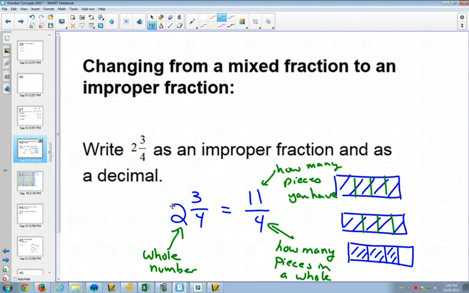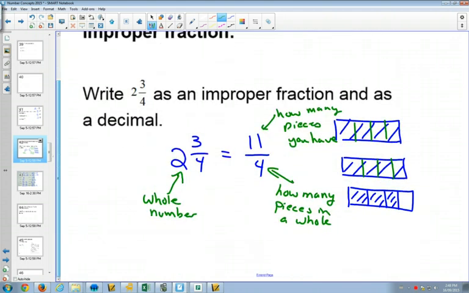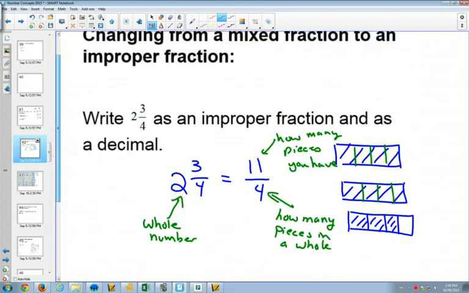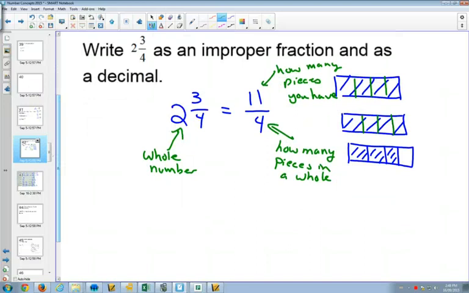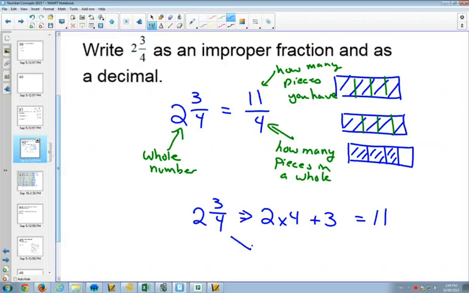Now the steps that we did to write it out again, so when you want to look back at this to figure out how do I go from 2 3/4 to get to 11/4, I take 2 times 4 and add 3 to that to get 11, and then that tells me that I'm going to have 11/4.